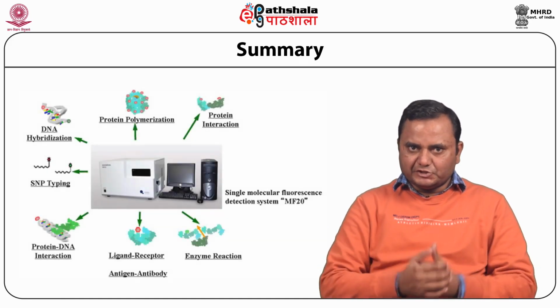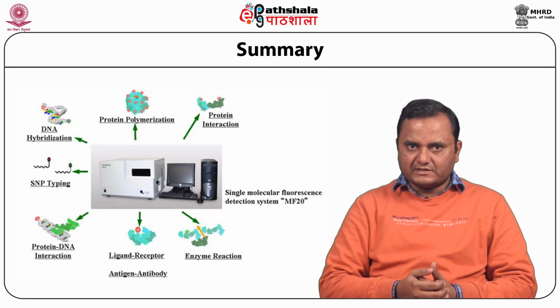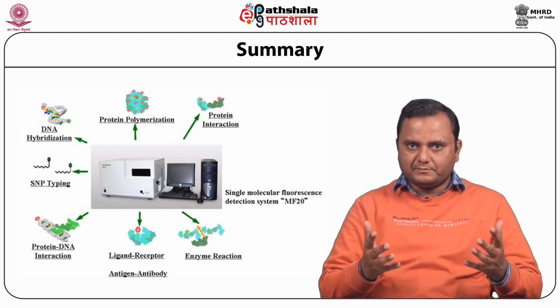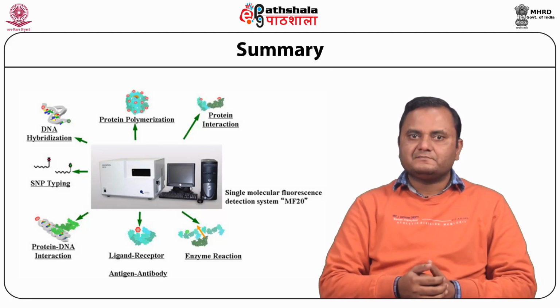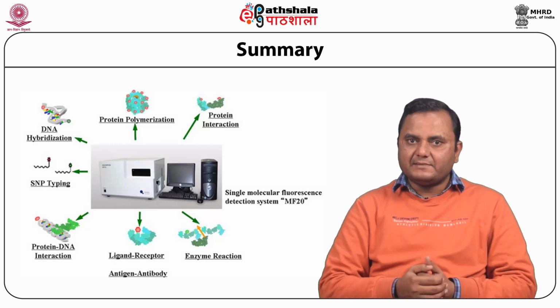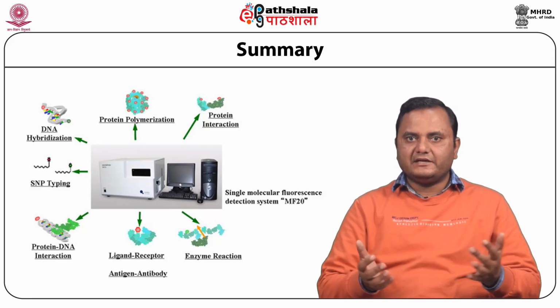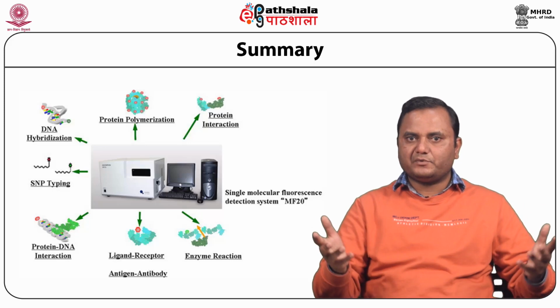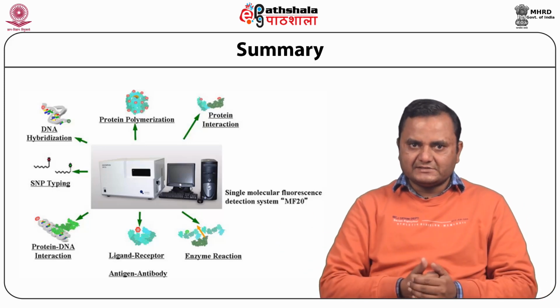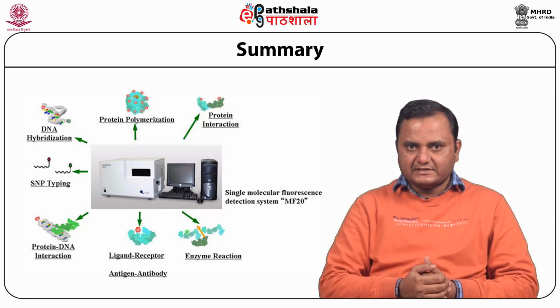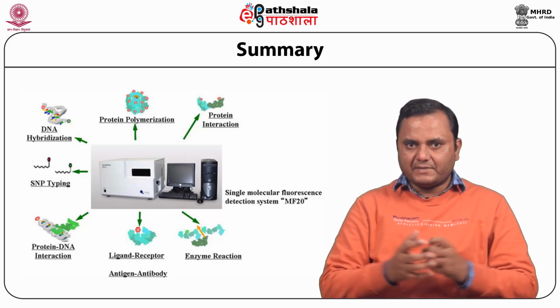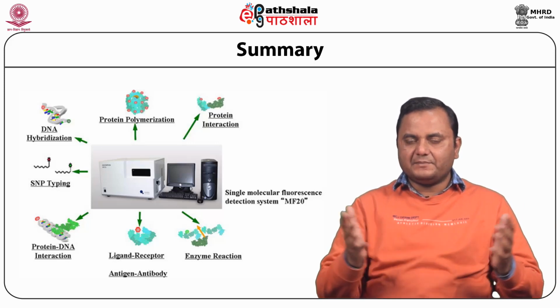These are some applications: it is used for protein oligomerization, then for the DNA hybridization technique, then for protein-ligand interactions, then protein-DNA interactions are measured by fluorescence, then ligand-receptor binding and enzyme reaction kinetics.